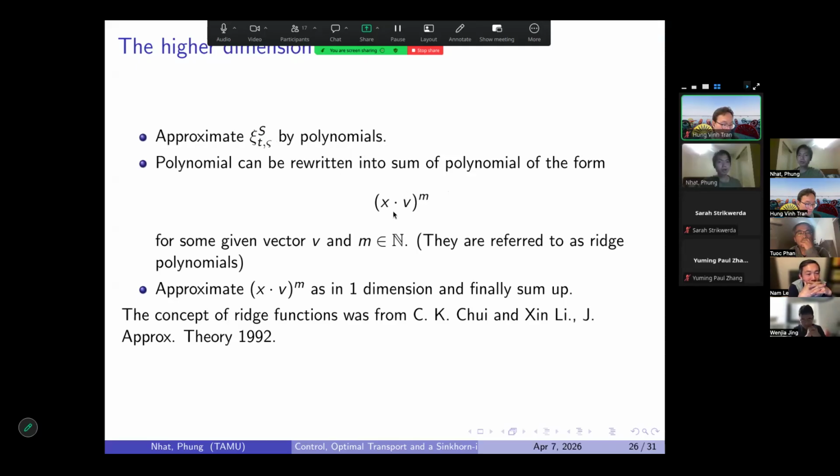So this is called the Dirichlet polynomial, and this is the concept of the Dirichlet function they define here.